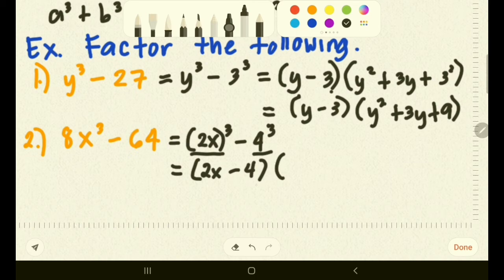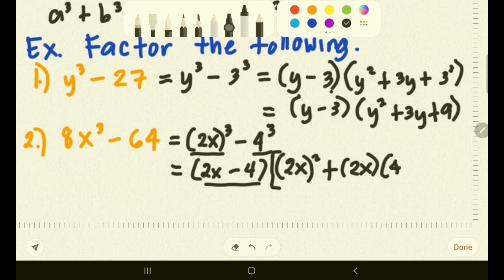And then, from your binomial factor, you get your trinomial factor. So, square of the first, that is 2x. You square it. And then you multiply, plus, the two terms. So 2x times 4. And then you square the second term, which is 4. So 4 squared. Okay.